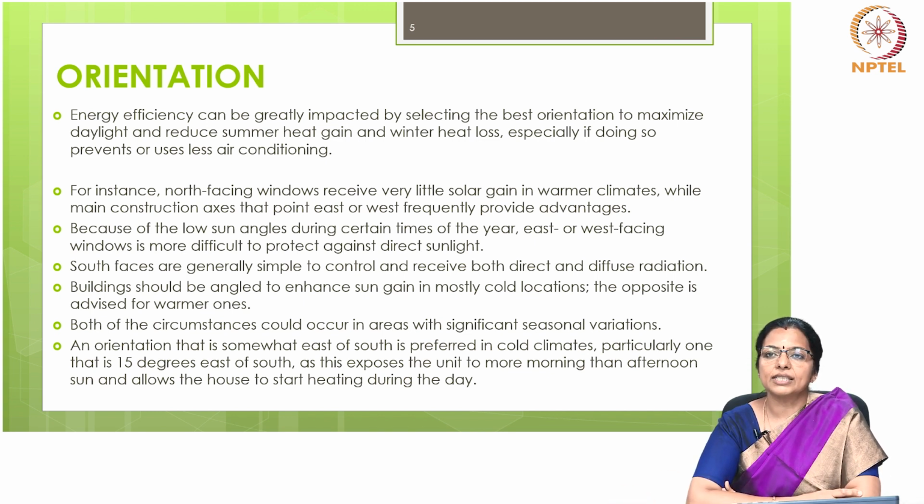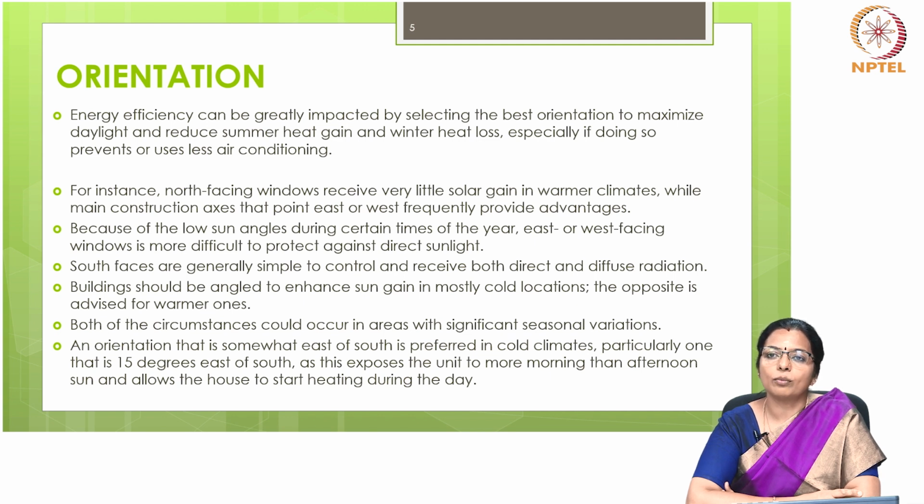Both of the circumstances could occur in areas with significant seasonal variations. An orientation that is somewhat east of south is preferred in cold climates, particularly one that is 15 degrees east of south, as the exposure of the unit to more morning sun than the afternoon sun allows the house to start heating during the day.